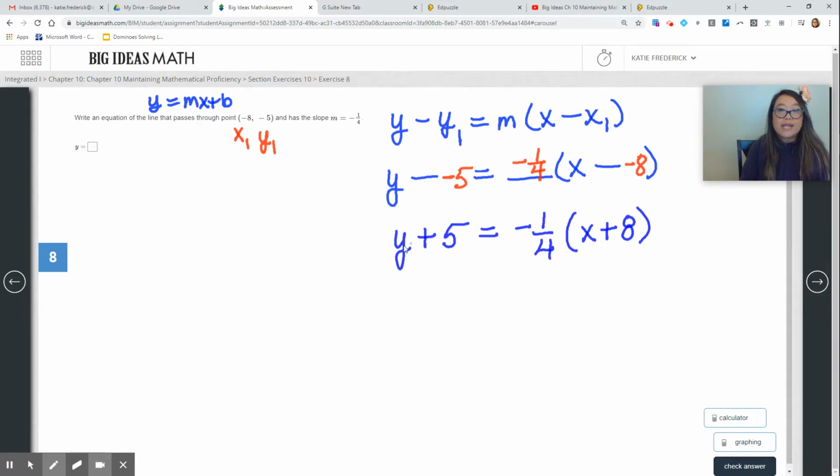I want you to write it out because the next step is sometimes difficult with the fractions and distributing a negative sign in. So since we have a fraction here, we're going to distribute it in the parentheses. Every whole number has an invisible 1 underneath it, and so I'd like you to write that down.